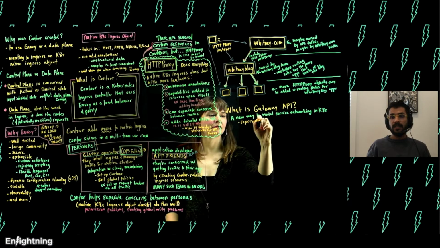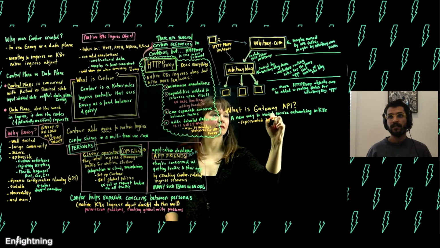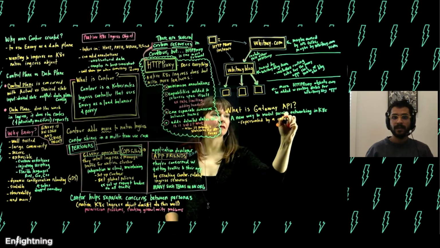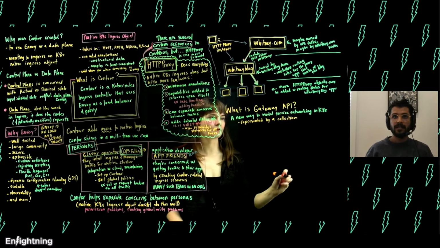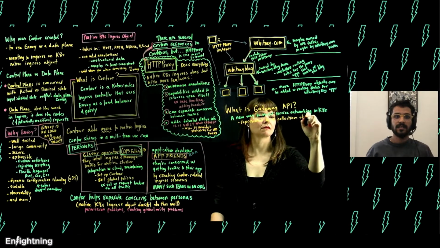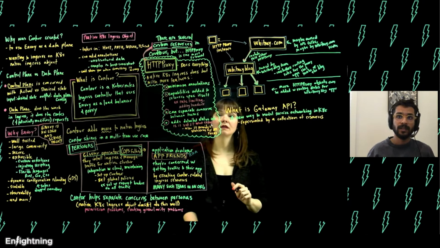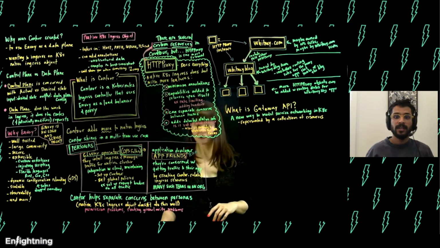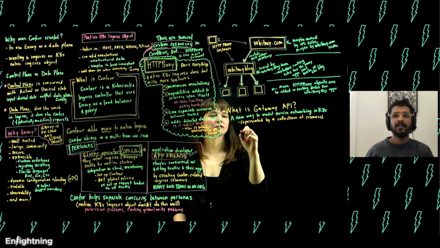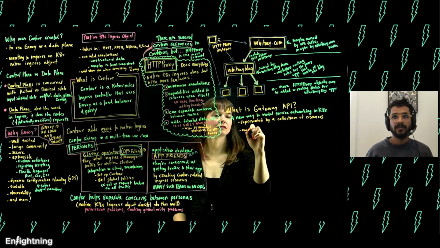It's not quite the same as Ingress in that it's owned by the SIG Network working group community, but it's not in tree, so it's not a set of core resources.